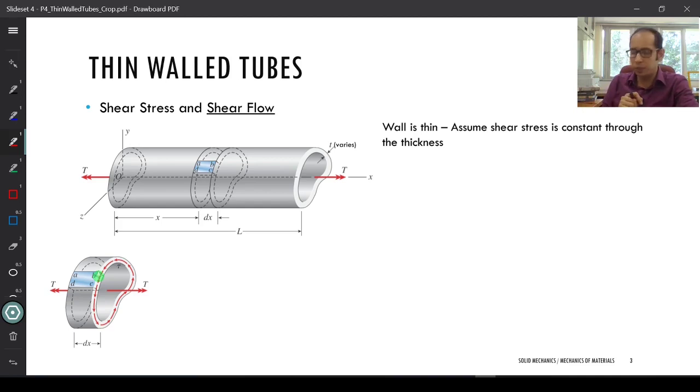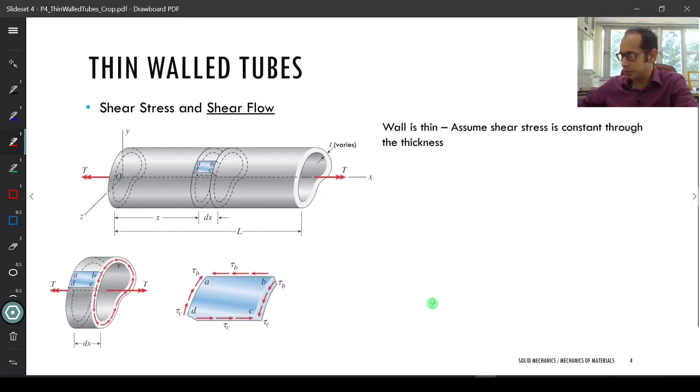So in this particular case, if we are looking at the shear stresses, how does that look? It is something like this over here, right? Since this is a thin wall, and say the thickness T varies, suppose here my thickness is TB, and at this particular point my thickness is TC.